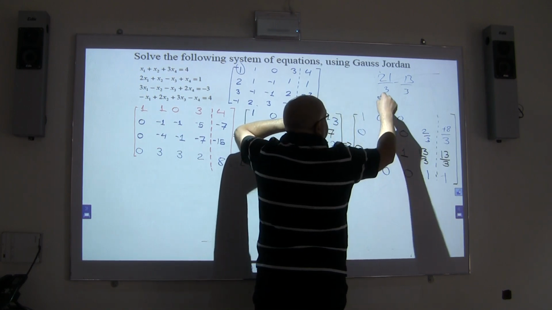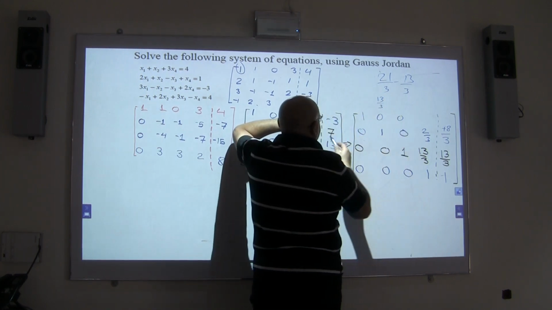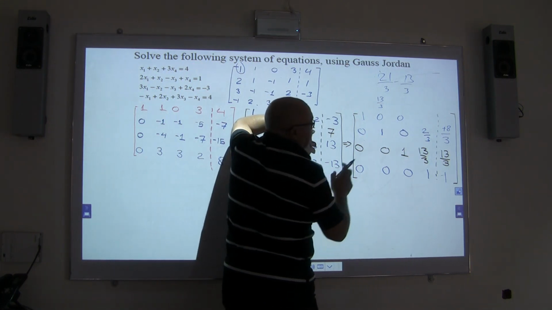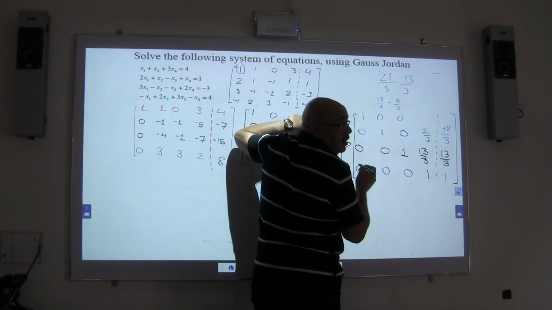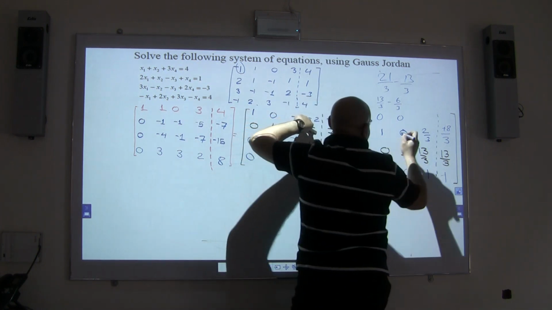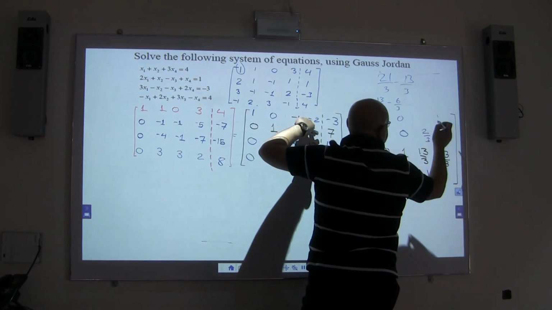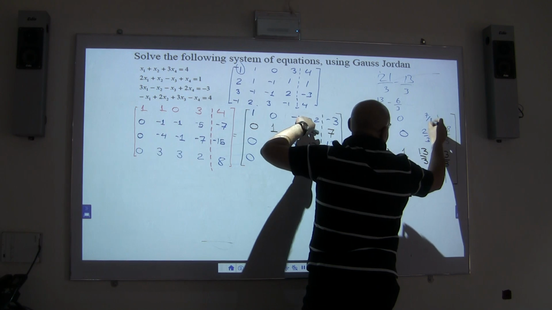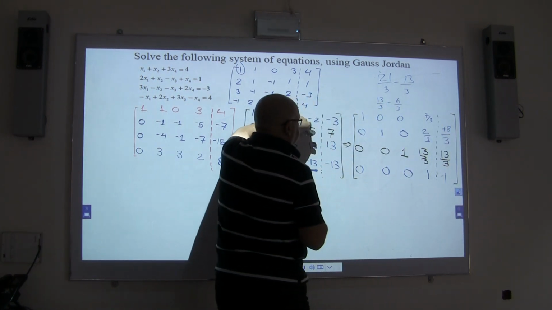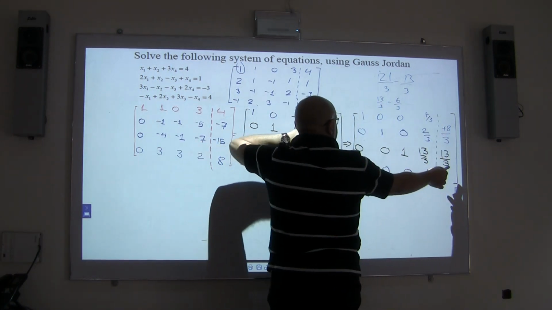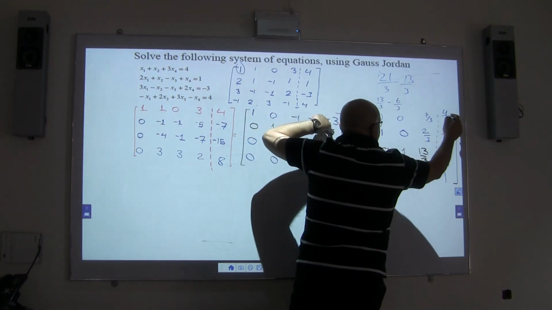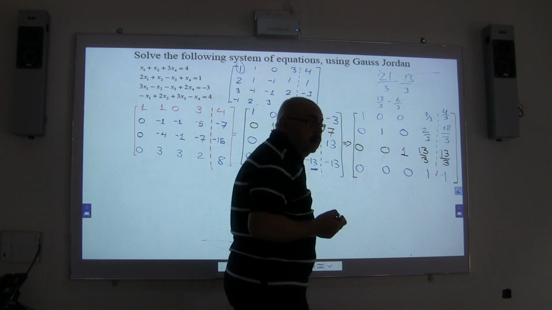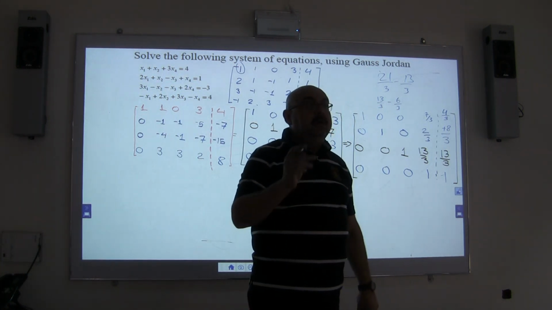I can see it like negative 6 over 3, take 6 out of this, so it's going to be 7 over 3. In a similar manner, 13 over 3 and negative 9 over 3 is going to be 4 over 3. The unique solution.